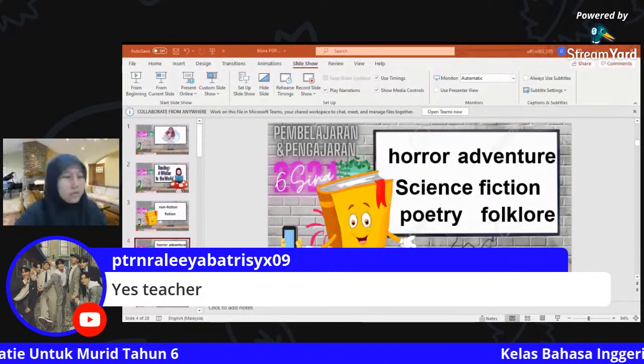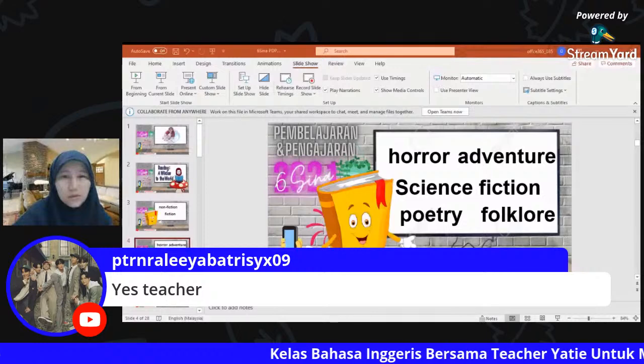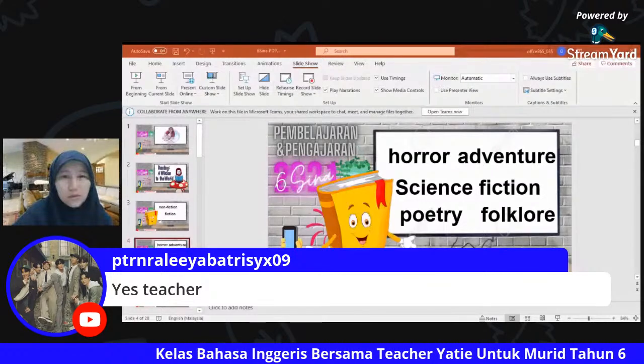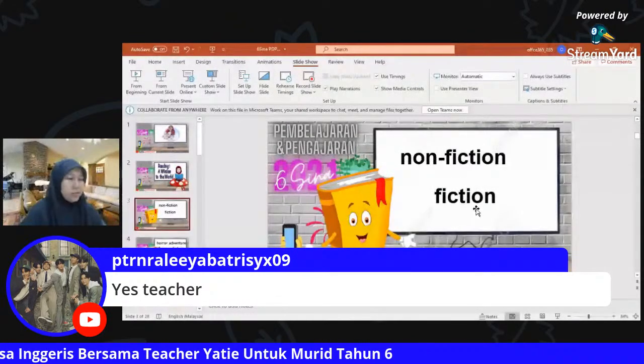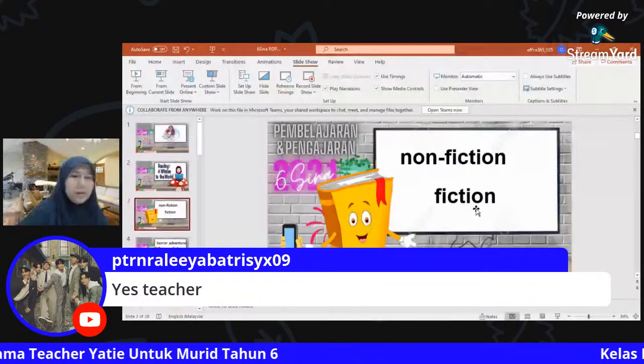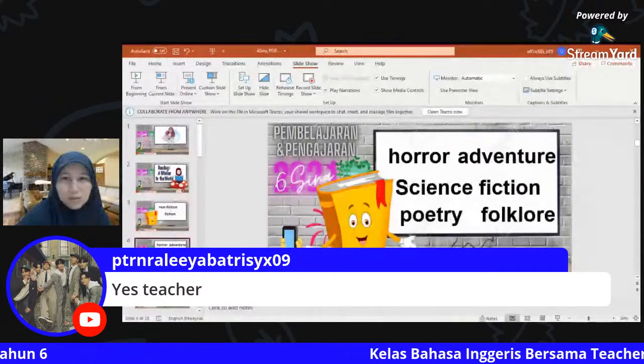Okay, so there are only two types of book, which are fiction and non-fiction. And there are many other types of books too, like this. It's in your book.